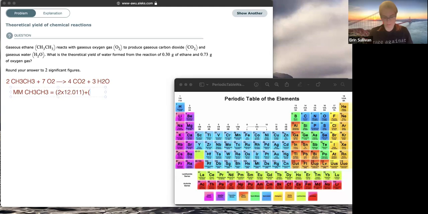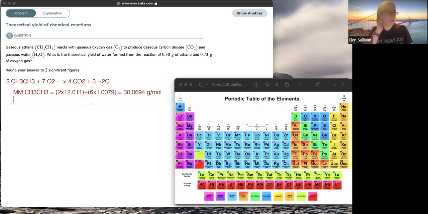I've got 1, 2, 3, 4, 5, 6 times 1.0079. 12.011 times 2 plus 6 times 1.0079 gives me 30.0694 grams. All right, so that's my molar mass. I suppose I should say grams per mole, really, for now.